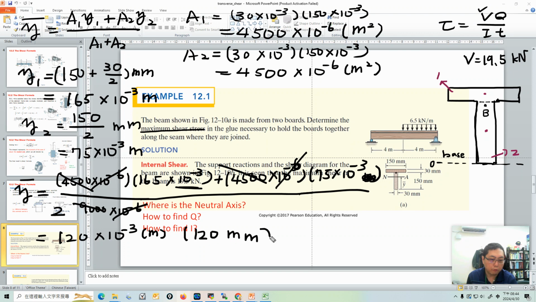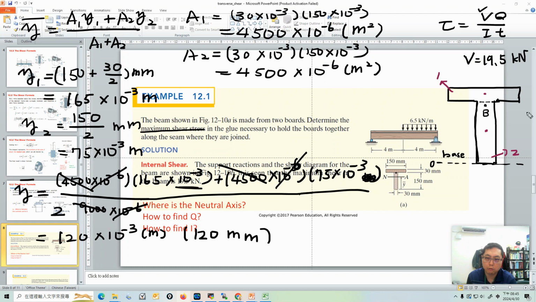So we have already determined where our neutral axis is. It's 120 millimeter above the base. You have to be careful. Here is 150, so 75 is about here.